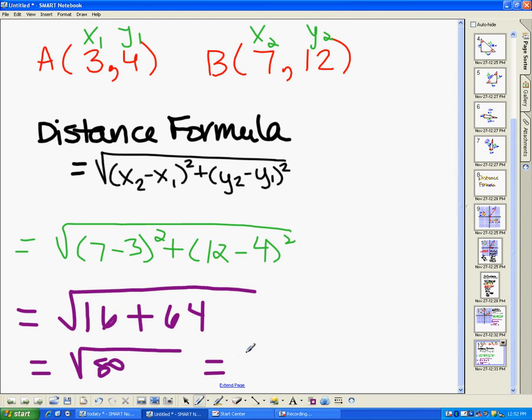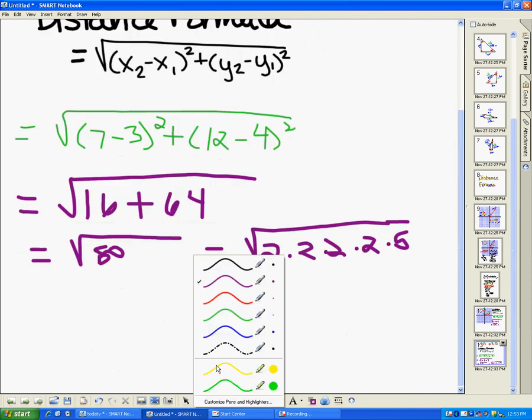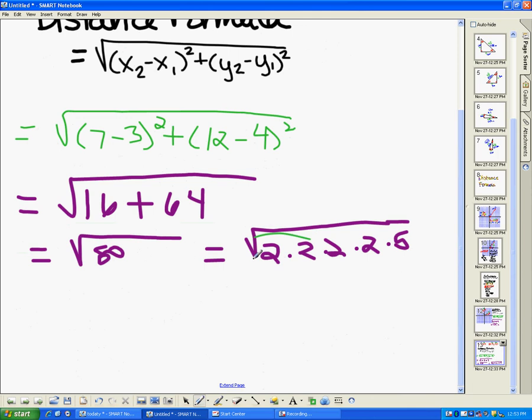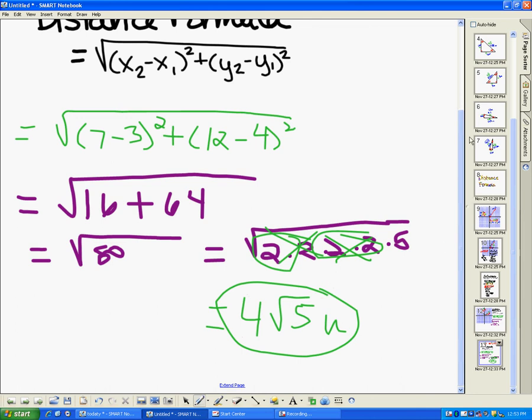Which is equal to the square root of 2 times 2 times 2 times 2 times 5. So again, I'm going to go through here, pull out my married couples, and I end up with 4 square root of 5. So whatever the unit is, 4 square root of 5 units is the distance between those 2 points.